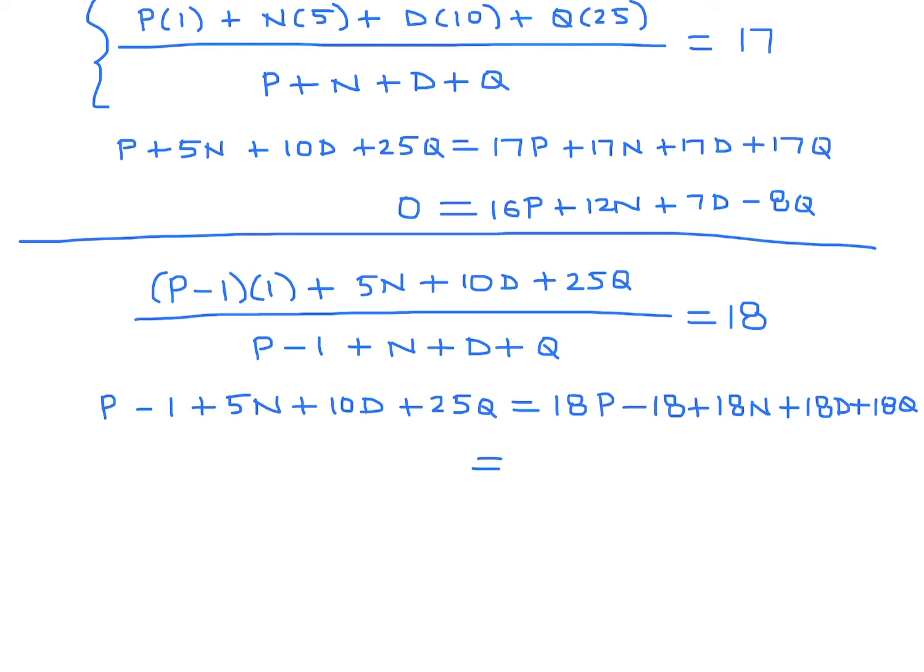All right, let's put everything on one side. 17P plus 13N plus 8D minus 7Q. And then, let's see here, minus 18 plus 1, so minus 17 equals 0. All right, I got two equations. I'll call this equation 1. I'll call this equation 2.